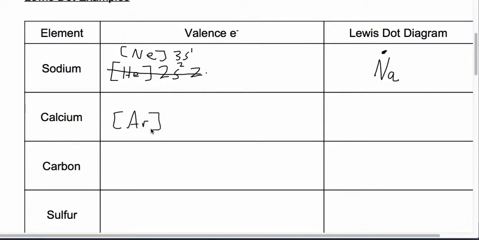Argon 4s2. So we want to show those two electrons. We're going to do it this way, calcium. And instead of putting them right next to each other, since there's a total of 8, we're going to mix those S and P orbitals together. In college, you'll learn about that as a process called hybridization.